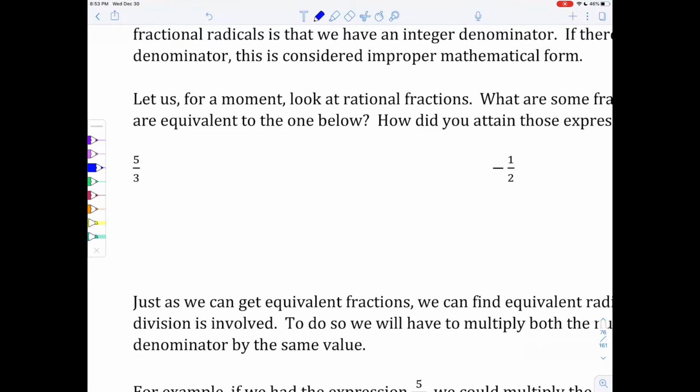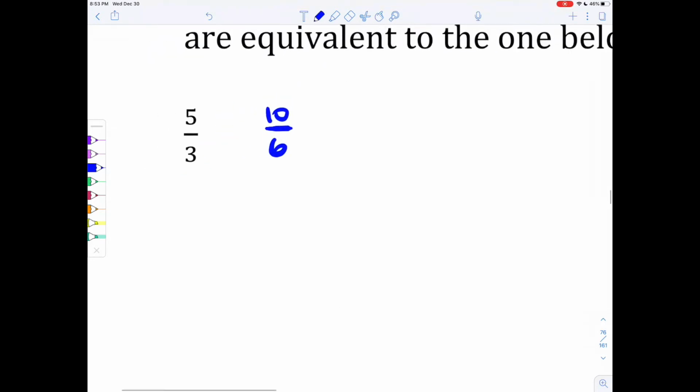Whoop, here I go. I'm going to say that 5/3 is also equal to 10/6. And I'm going to say that they're equal because I get that by multiplying this by 2/2. Alternately, I could multiply by something like 3/3, in which case I would get 15/9.